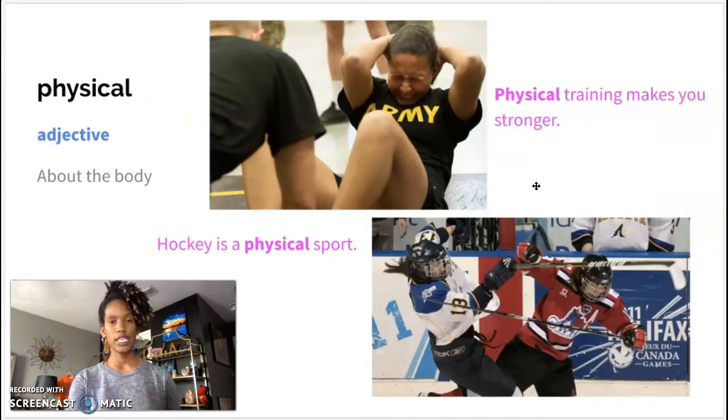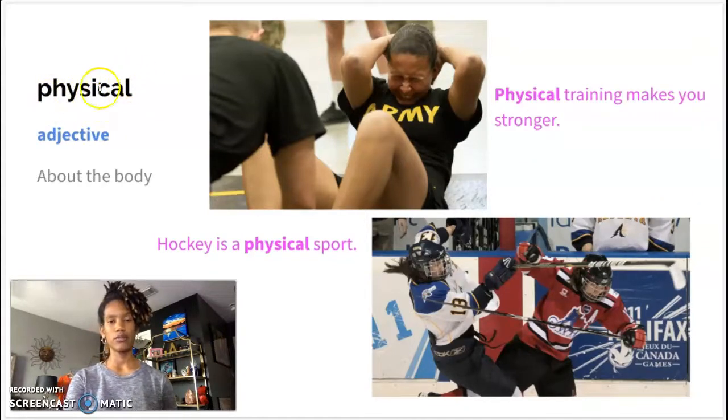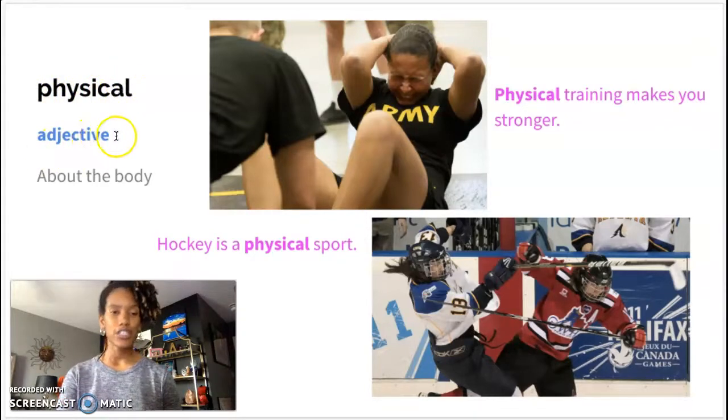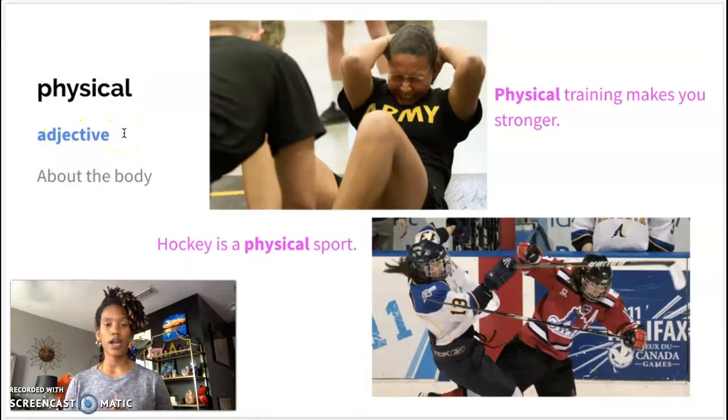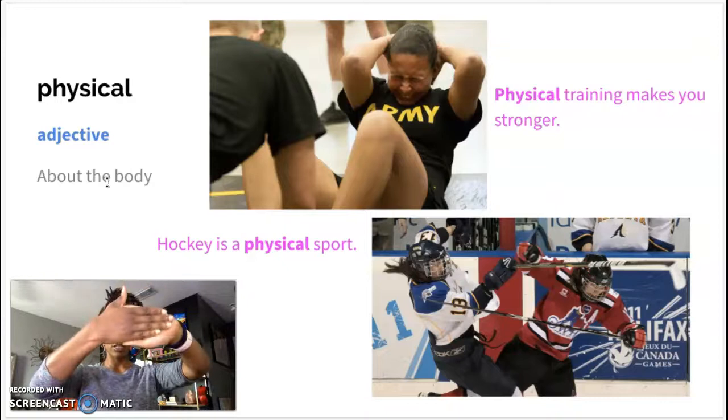All right. Next one, repeat after me: physical. Physical. Physical is an adjective. Adjectives describe things, people, situations, ideas. Okay. And physical can be about the body. Okay, it basically means like this is a physical interaction.